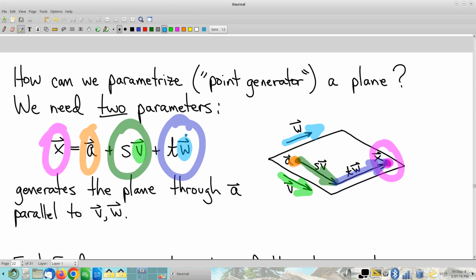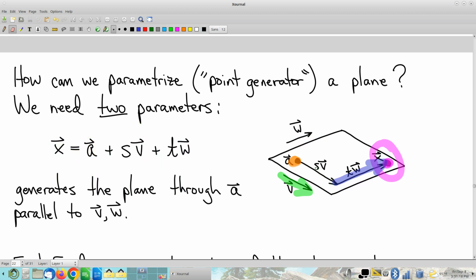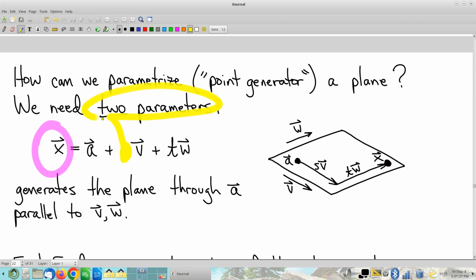You'll notice that what I have here is positioned as a function of two parameters, S and T. And I think this is satisfying because, just taking stock, parametric curves had one parameter and made a curve, which is a one-dimensional thing.